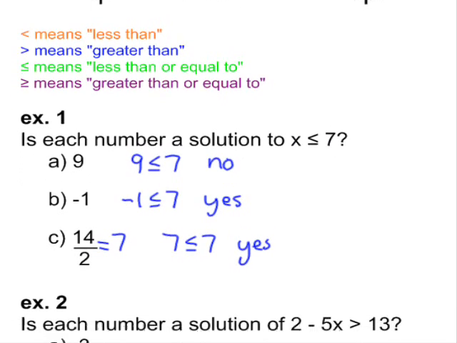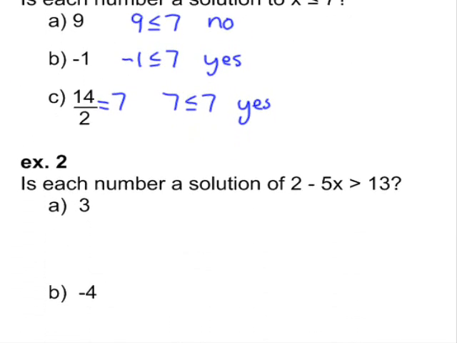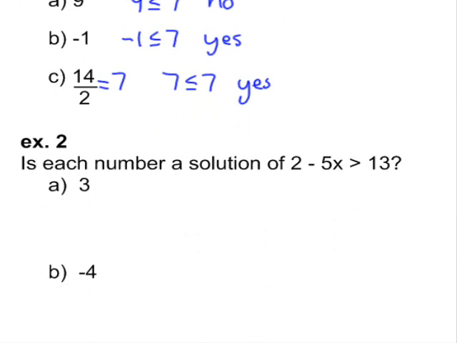It makes it true. So when we look at example 2, it's basically the same thing, only this time we have a little bit longer inequality to work with. So if we look at our first A example here, we're going to have 2 minus 5 times, and I'm going to replace my x with parentheses this time since I've got more stuff on this side. And then I'll plug in a 3 since that's the number that we're testing.